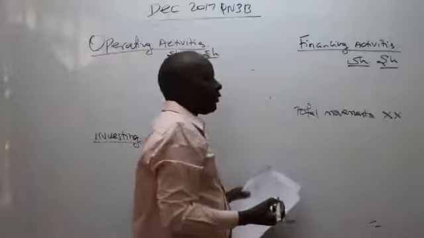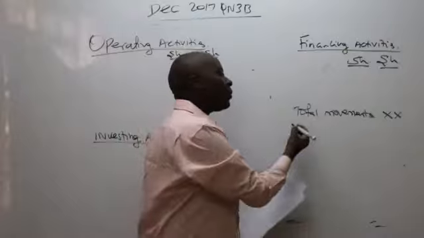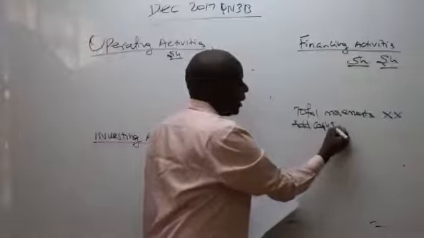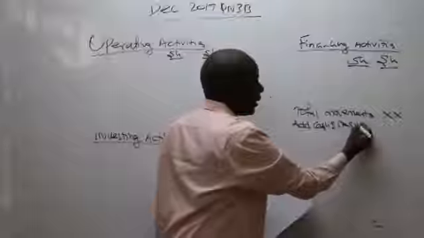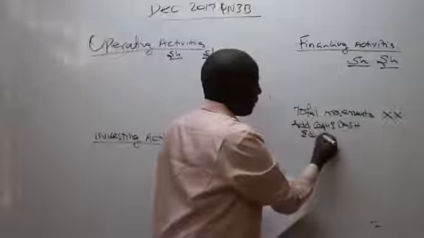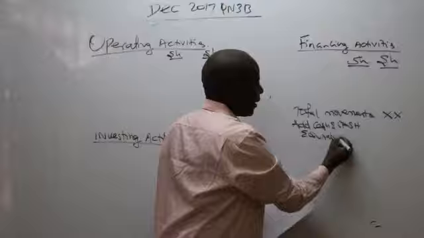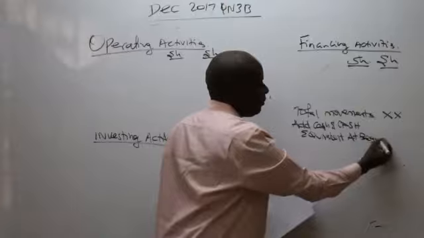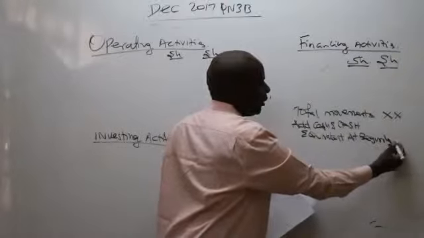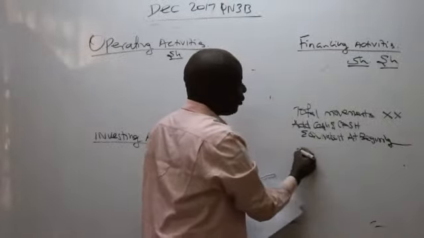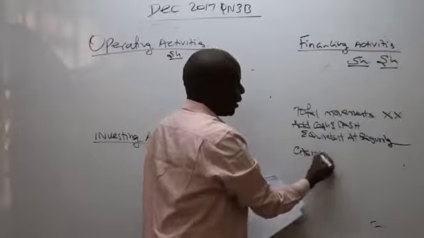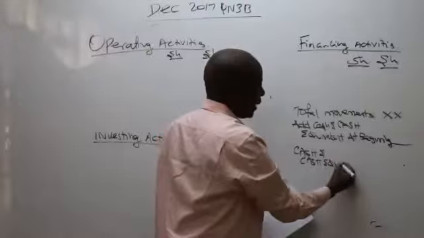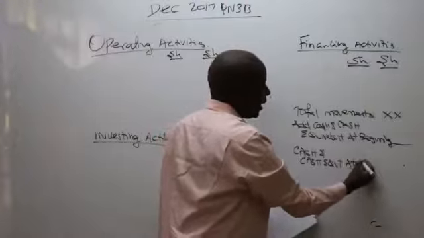Then I'll add the cash and the cash equivalents at the beginning, brought forward. And the moment I add like that, I should be able to get the cash and the cash equivalents at the end.